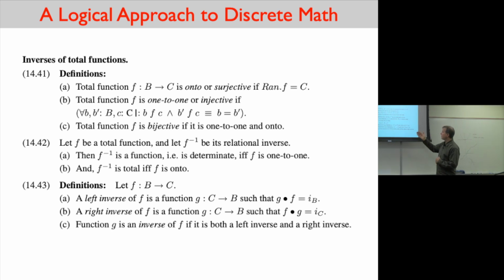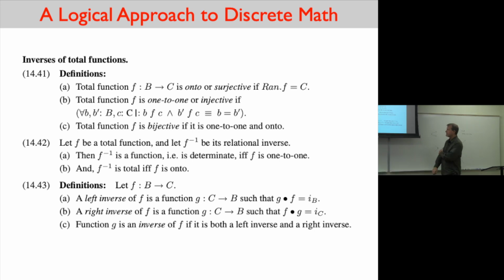Here, it's defining onto first, but on the picture we're doing one-to-one now. So 14.41b says a total function f is one-to-one if... They have to be total, yes.